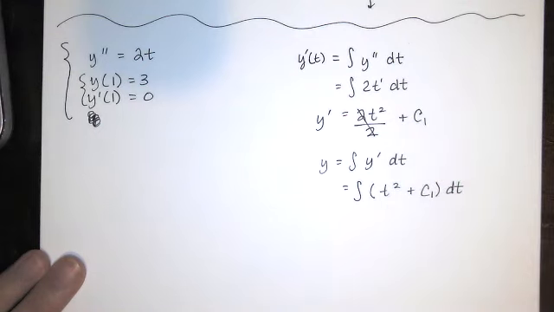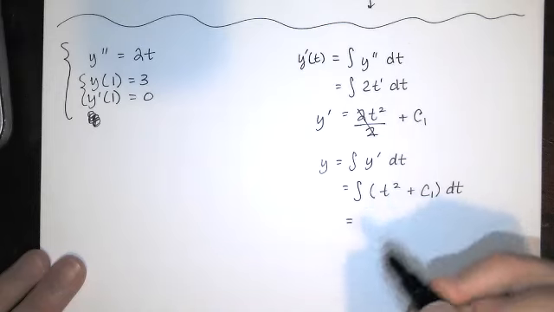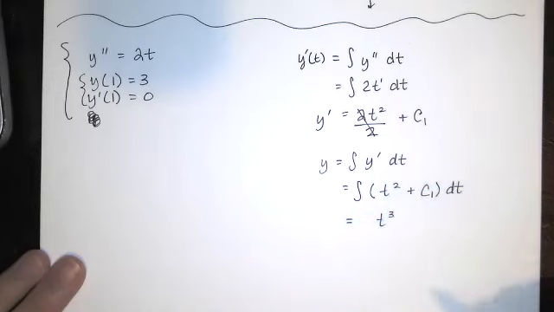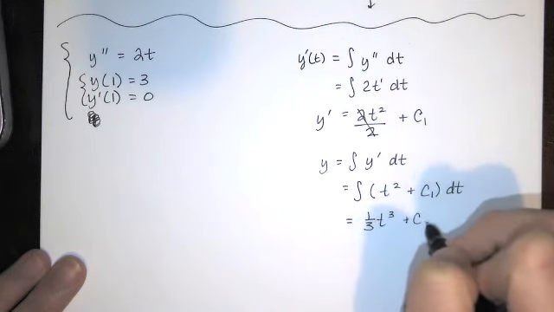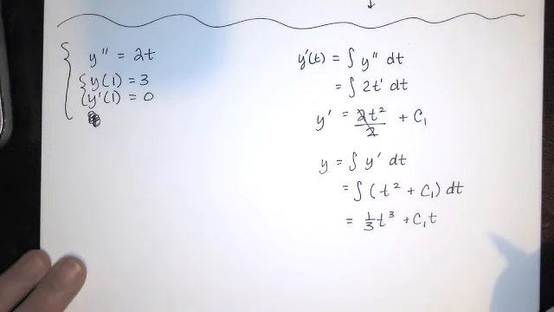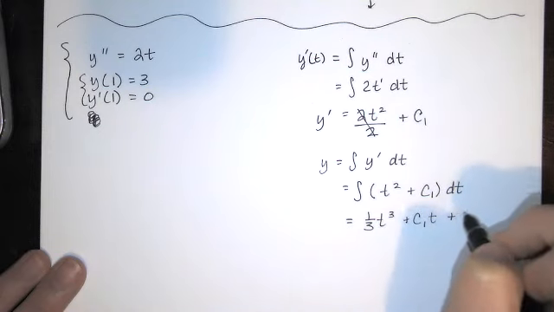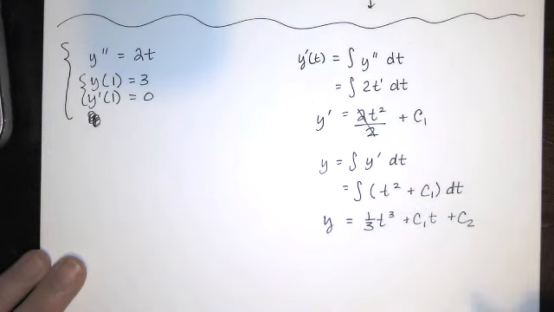That c1 is really important. Without it, you'll get the wrong answer. The antiderivative of t squared, we just add 1 to the exponent, divide by the new exponent. Dividing by 3 is the same as multiplying by 1/3. And the antiderivative of this constant is the constant times t. And then of course we get a constant of integration this time. So we'll call that C2.